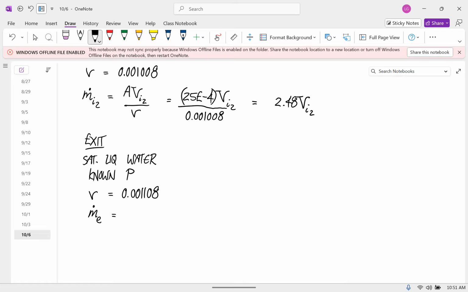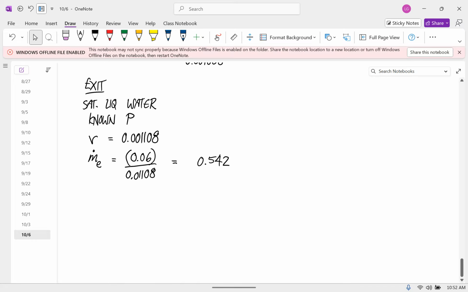So this is going to be the volumetric flow rate that we're given, divided by the specific volume. And so this comes out to be 0.542.